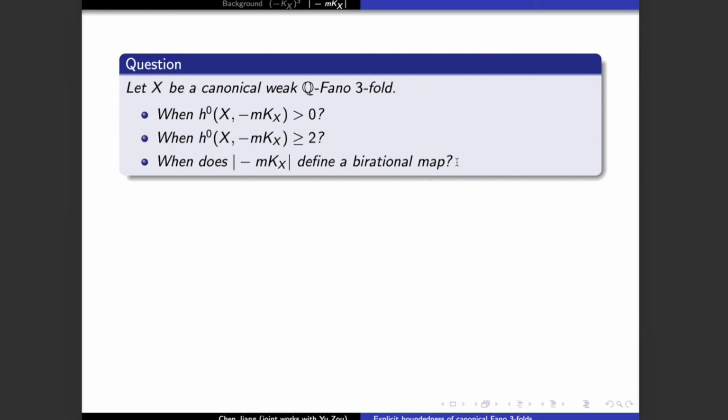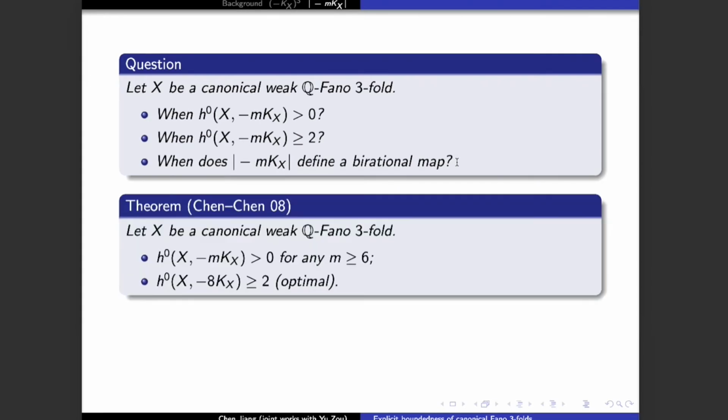Okay, so then let me explain what we know about this result. So first, in 2008, the paper of Meng Chen and Rongkai Chen, they answered the first two questions. So they said that when m is at least 6, then minus mK is non-trivial. So it has a non-trivial global section. And when m equals 8, then the h0 of minus 8K is at least 2.